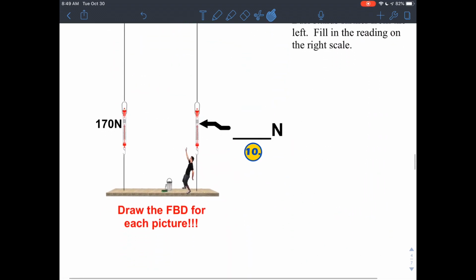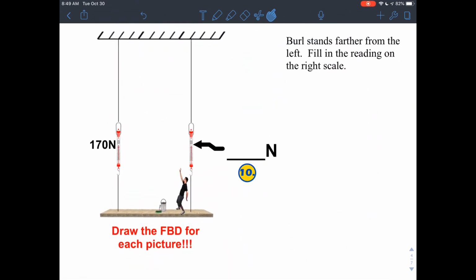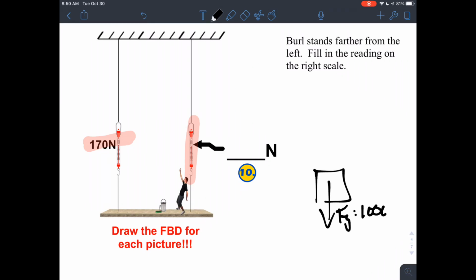Next example, Burl the painter starts distributing his weight to the right. What we see here is that this scale decreases to 170, but remember, he is not falling here, so he still is in equilibrium. So this scale here must supply enough tension to still cancel out with his weight. His weight is still pulling down with 1,000 newtons.